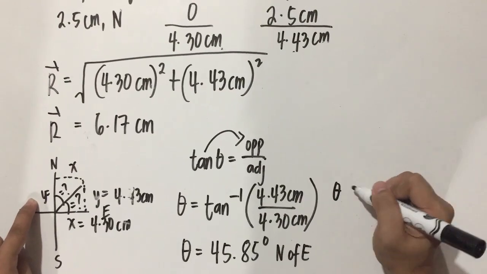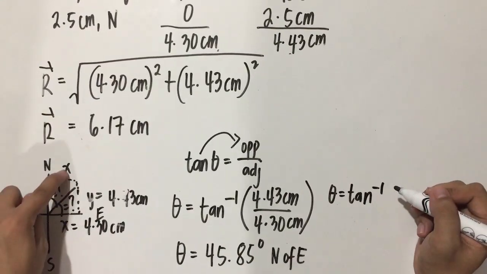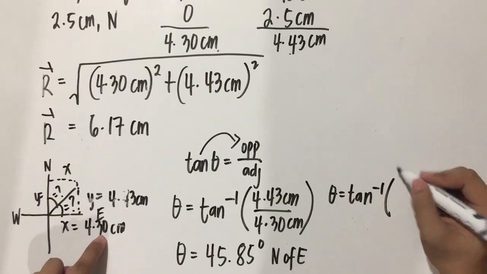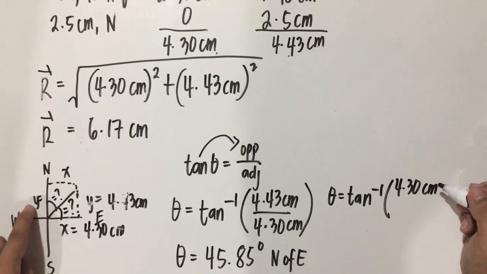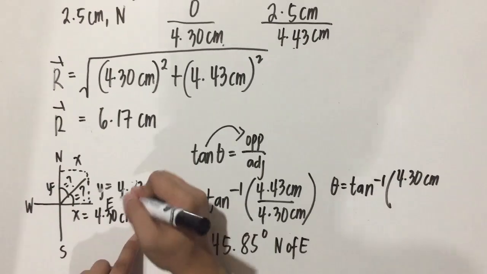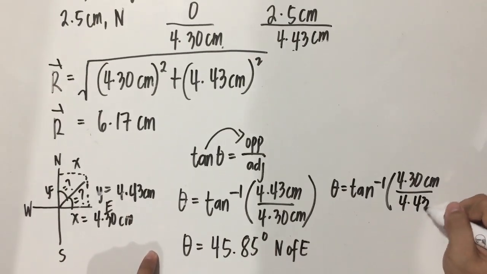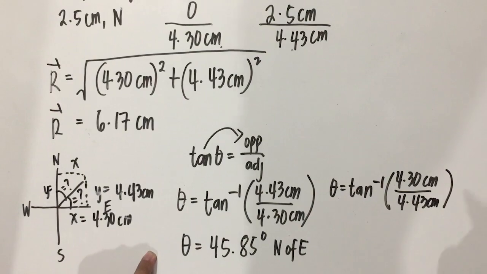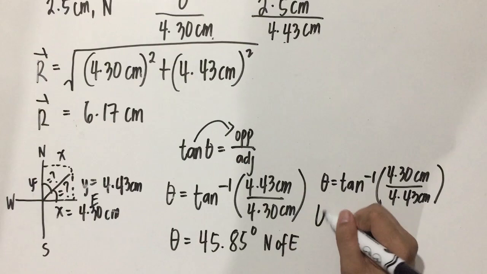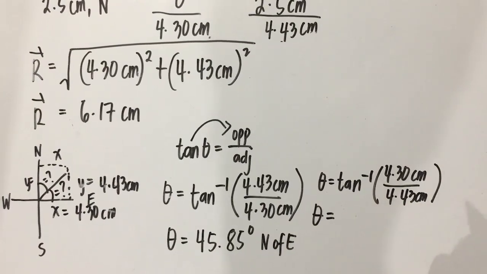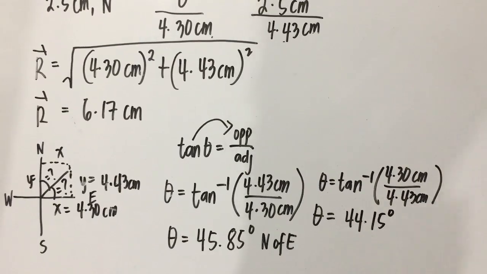So our theta is equal to arctan of the quotient of your 4.30 centimeters over 4.43 centimeters. So they are just reversed from the first procedure we had. So angle theta is equal to 44.15 degrees.